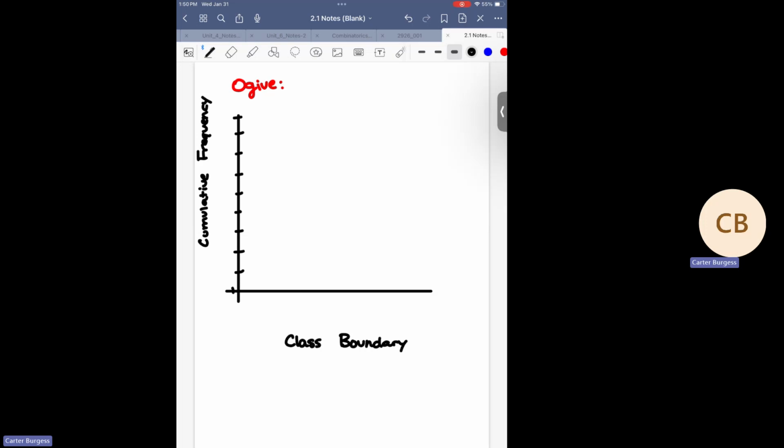We said this is the class boundary still, so still this negative 0.5, 10.5.